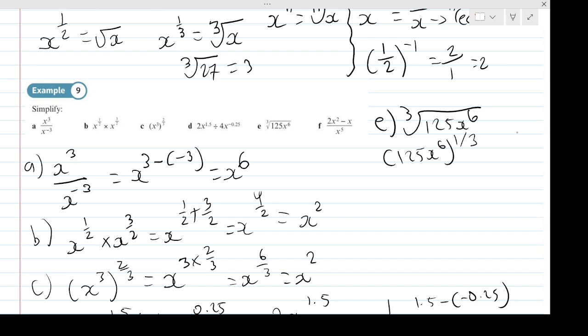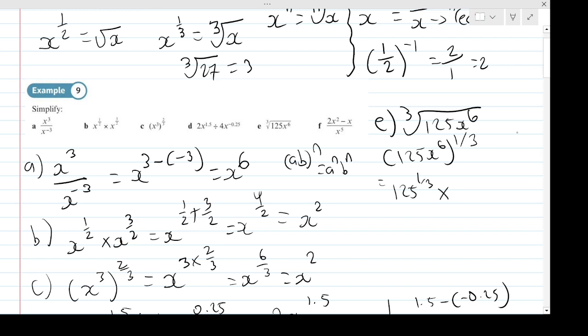And now what we can do here is, again because we have a power outside the bracket, we can raise everything inside the bracket to a third. So it's kind of like the index law, a to the n: (ab) all raised to the power n. We split this up so that the power goes to each term separately. So then this will say 125 to a third, and then we're going to have x to the 6.